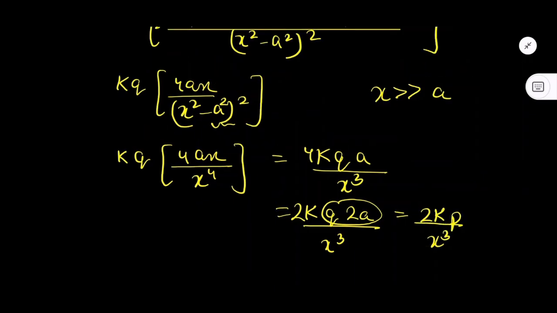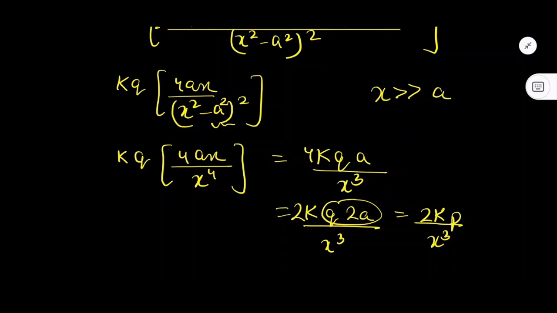This will be the electric field due to a dipole at the axial position, and the direction will be along p, since we have seen that the electric field due to B is greater than A, so its direction will be along p, which is an important result.